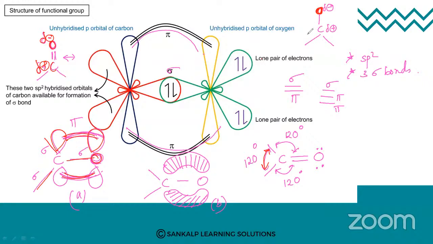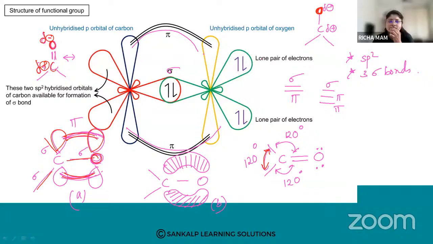And the carbonyl oxygen is a nucleophile, acting as a Lewis base. Like this we can explain the structure of the carbonyl group.